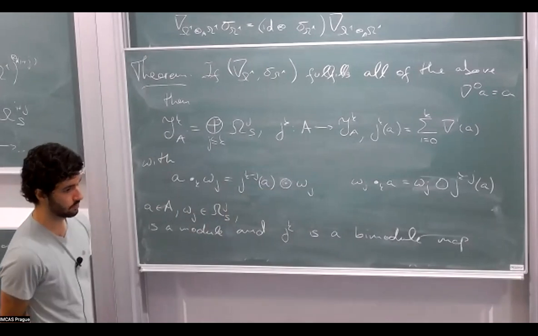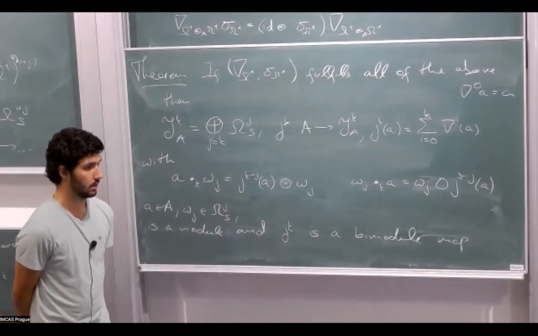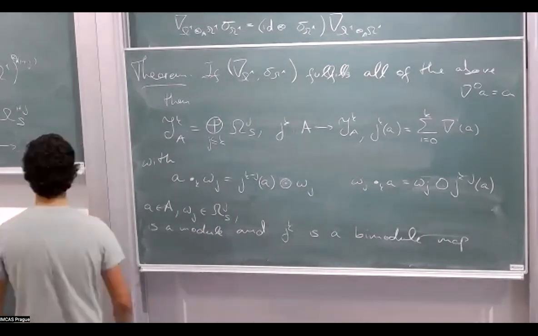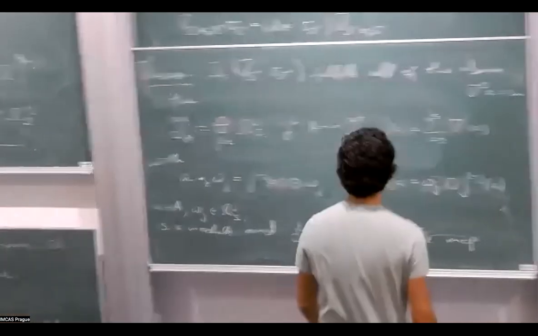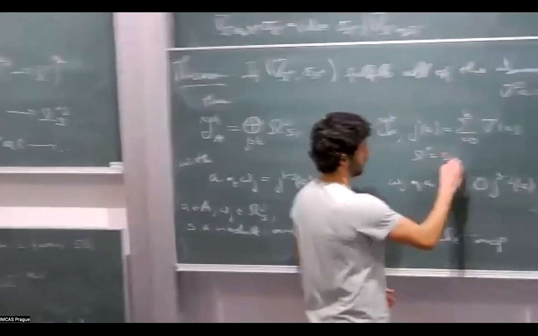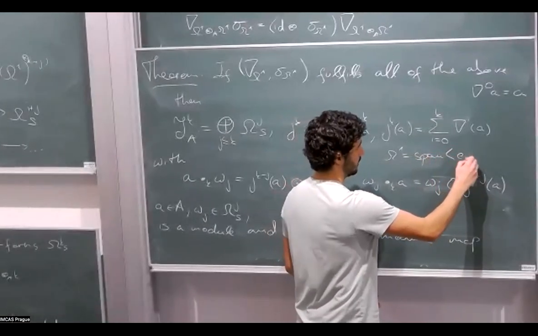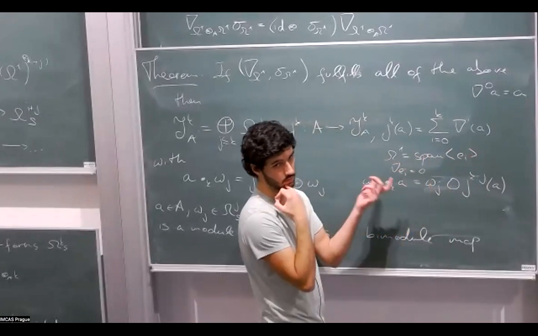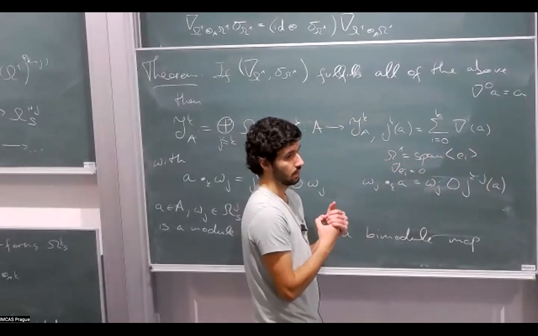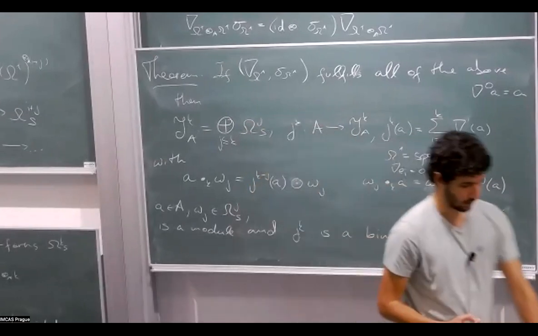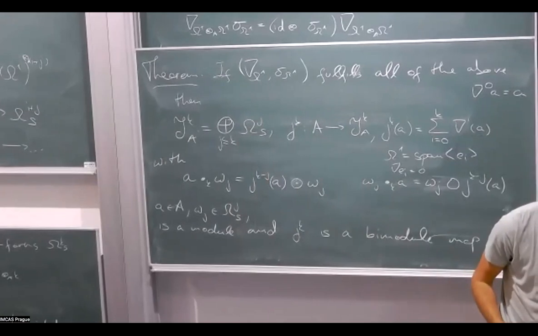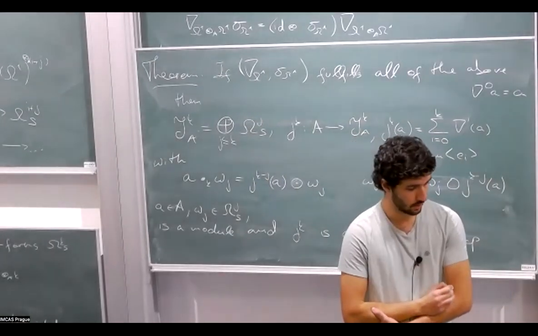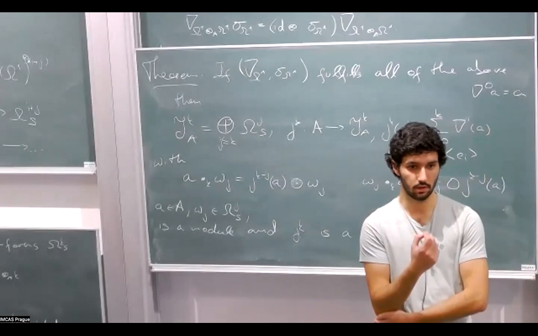So the examples, just to go over them quickly: if you have an Omega 1 with a central basis, so if Omega 1 is just the span of some e_i, then you can just take the connection which vanishes on these e_i, and this works, and this basically recovers the classical case. Then the other example that we had was C S3, the functions on the group S3, and there it's quite interesting because it gives you a more non-trivial connection.